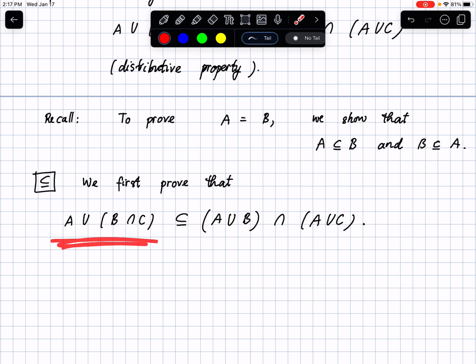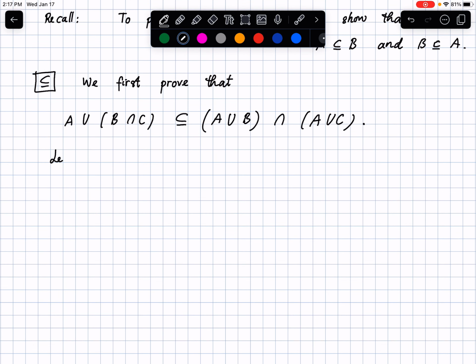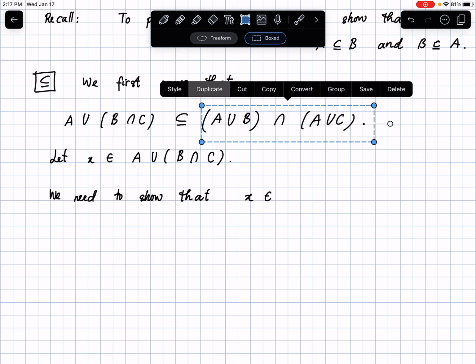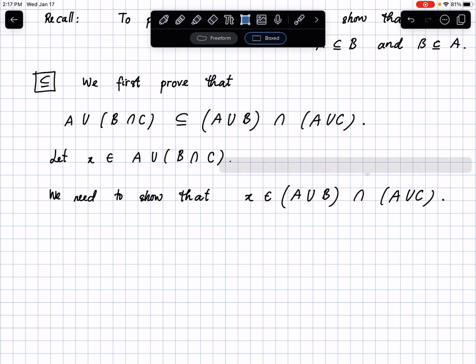Pick an element here, say x. We want to show x is an element of the right hand side, right? Let x be an element of A union (B intersect C). We need to show that x is an element of the right hand side set.